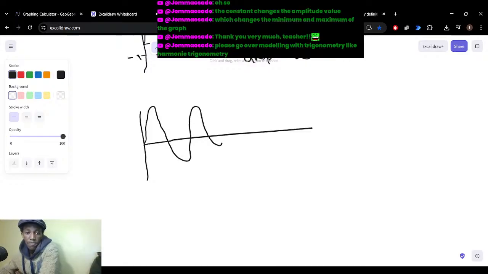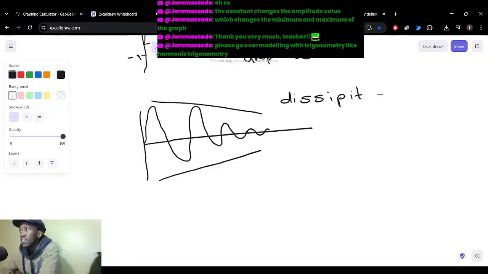But now, this periodic function is said to be dissipating, because its initial amplitude on the first period is rather higher than on the next following period, né?